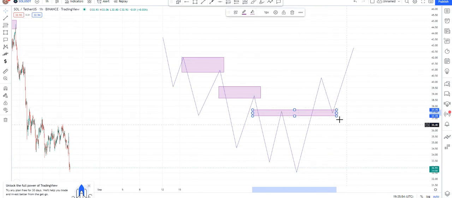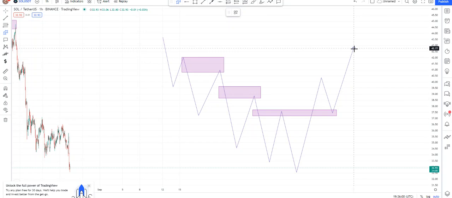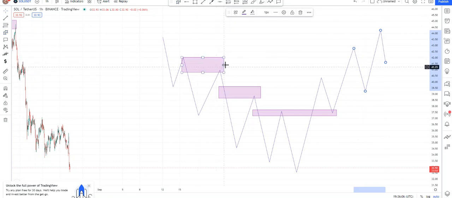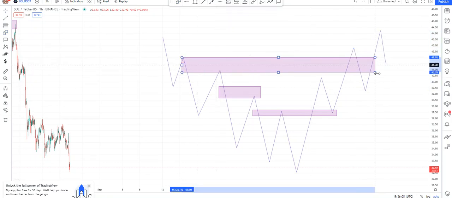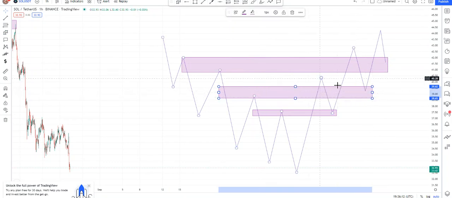This is similar to support turned resistance or resistance turned support, so it might start respecting those things. That's why I call them reclaimed order blocks. They are reclaimed by price, right? Those old order blocks will now start acting as the order blocks for a new trend.